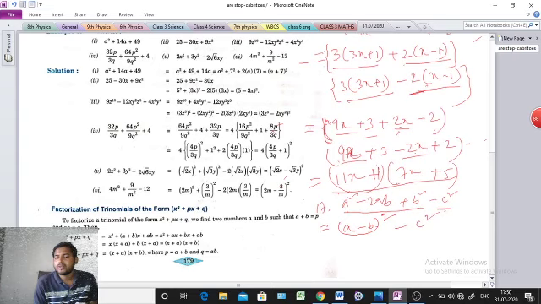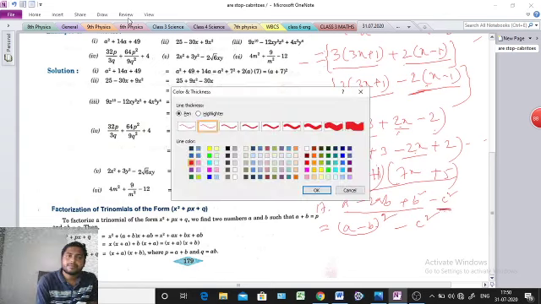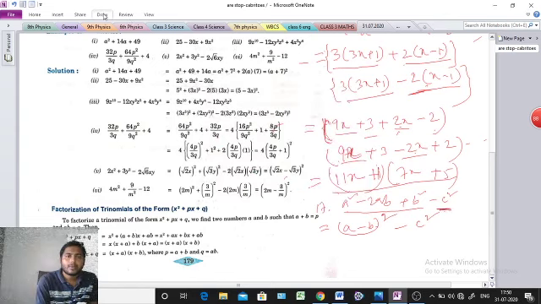Just a minute. See, now in this bracket, this portion is a, and this portion is b. So what to do here? This formula is coming now.